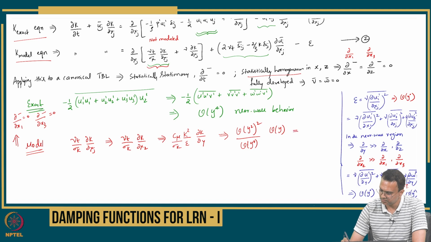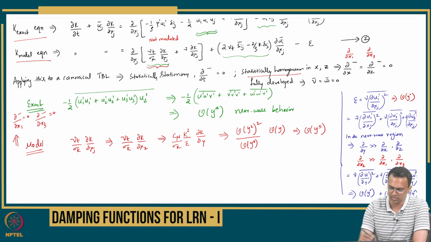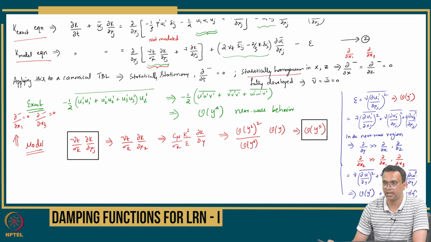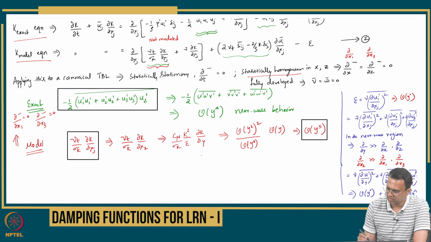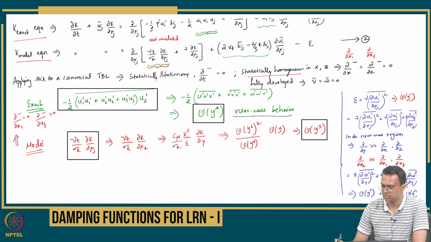So this is giving me the near wall behavior of the modeled term here, which is y raised to 5 behavior, and if I take the exact one, it is giving me y raised to 4 behavior in the near wall zone.